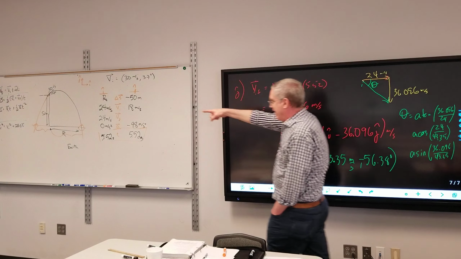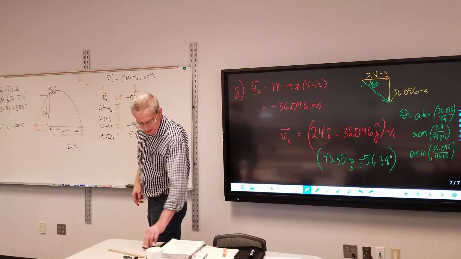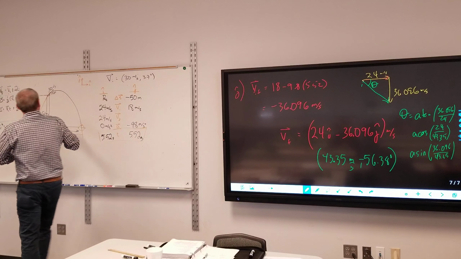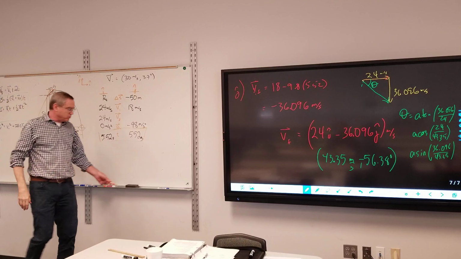You're basically where the ball landed, throwing it up from that spot, and when it hits the top of the cliff, it is going 37 degrees below the horizontal at 30 meters per second. How would you solve it?